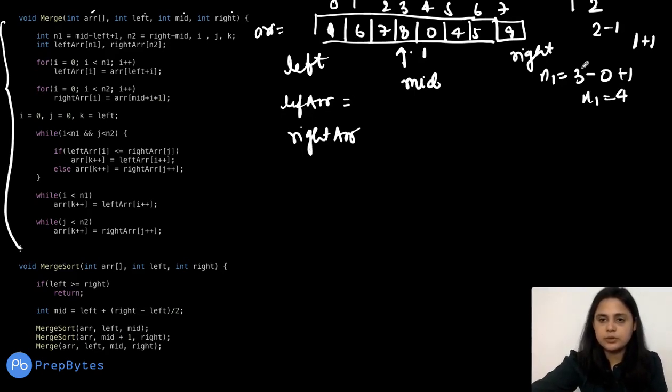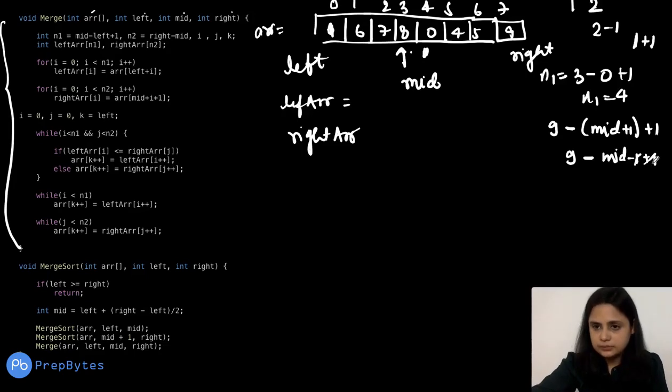This is one option you have: 9 minus mid plus 1 plus 1. Because this place is mid plus 1, this will give you 9 minus mid minus 1 plus 1. Anyways, this will get cancelled, so we will simply do 9 minus mid.